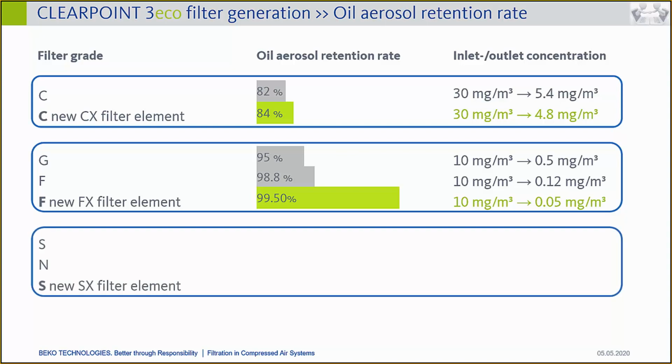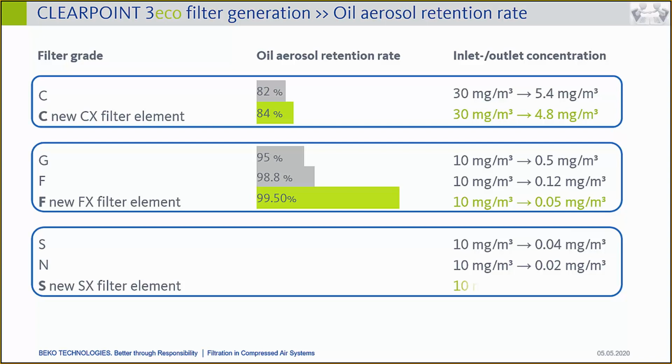Last but not least, we have the superfine filter series. With the old S, we could go down to 0.04. The nano filter a bit lower, because the material itself was not that different, but it was more wrapped around the filter.